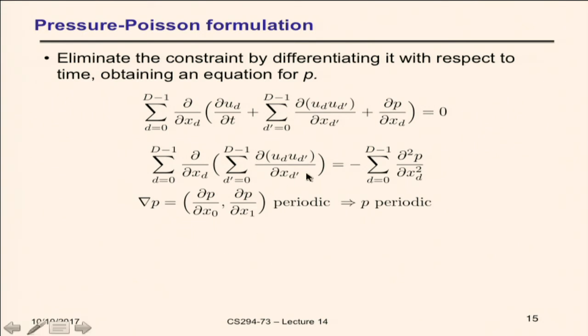One way of doing it is the pressure Poisson formulation, to eliminate the constraint by differentiating it with respect to time and obtaining an equation for P. So we take the divergence of the Euler equation for the velocity field, and that gives us a Poisson equation in terms of the right-hand side for the pressure. The gradient of P has to be periodic, and therefore P is periodic.